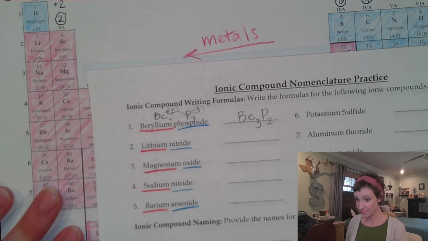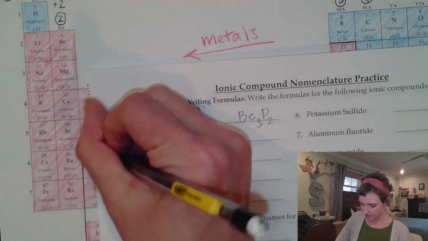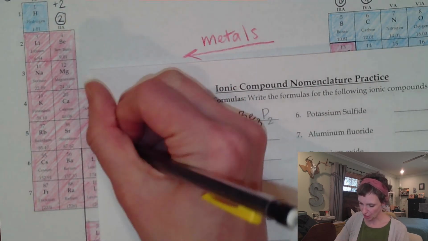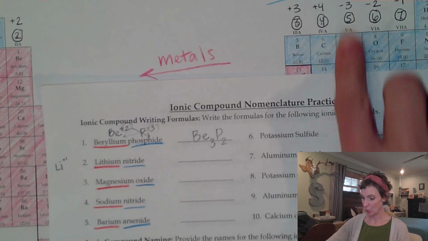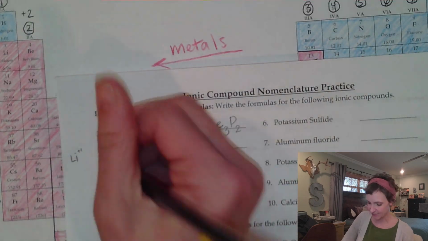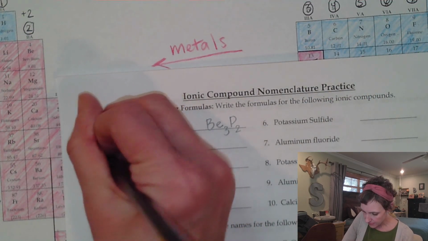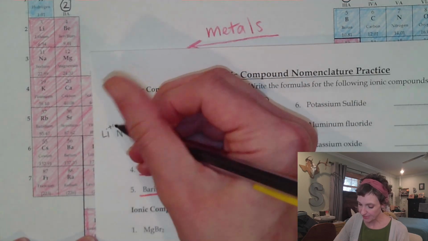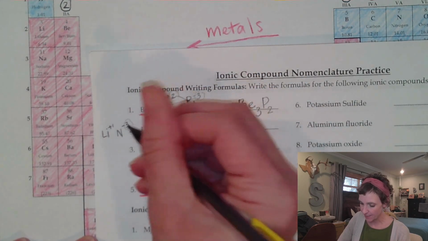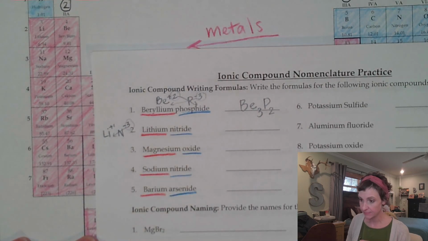Lithium, group 1. So lithium has a +1 charge. And then I have nitride. We said that was nitrogen. Nitrogen is in group 15. He's got a -3 charge. Yes? So we crisscross just the numbers down, which means that nitrogen gives that big old 3 to lithium.